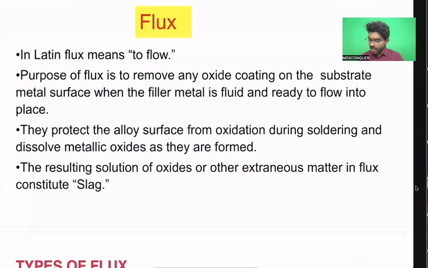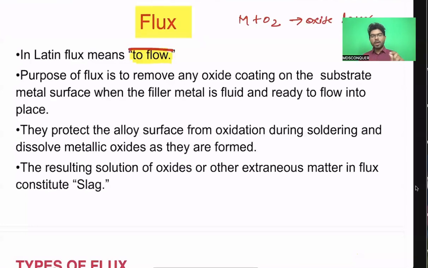Okay, next one, definition of flux. Most of us are familiar. Flux is a Latin word. It is basically to flow, to improve the flow. Normally, whenever you take metals, they are going to react with oxygen in the atmosphere and form an oxide layer.